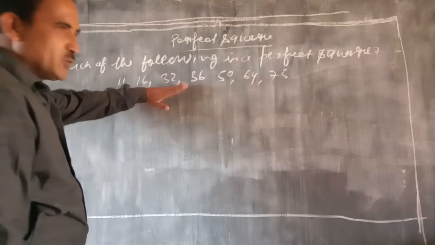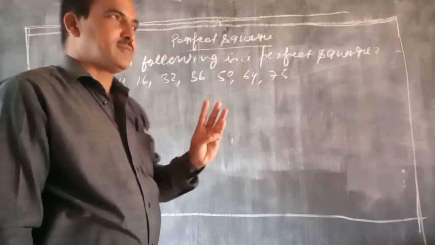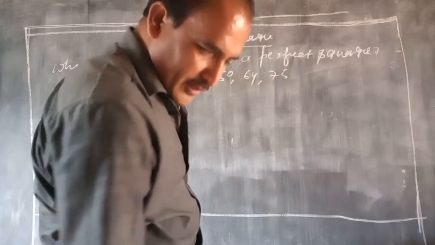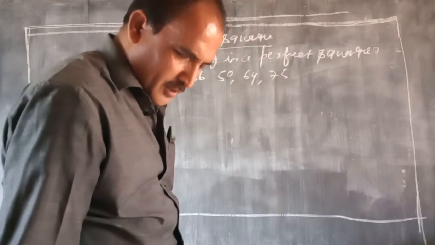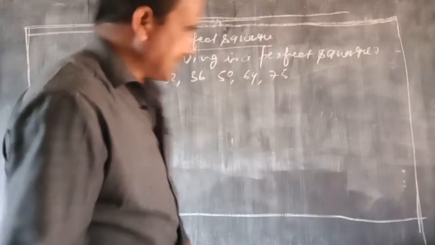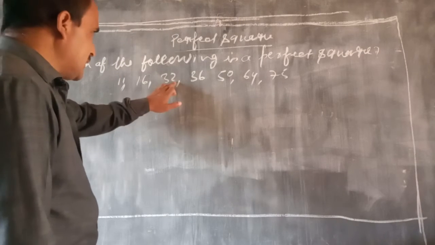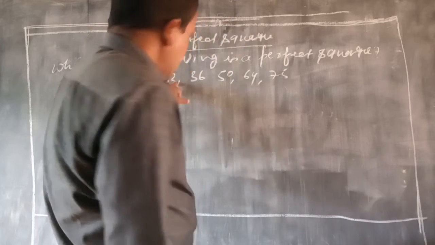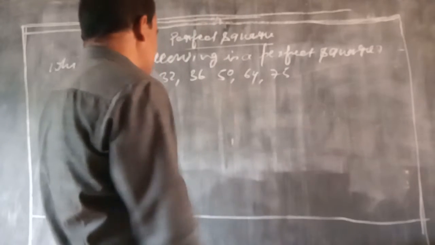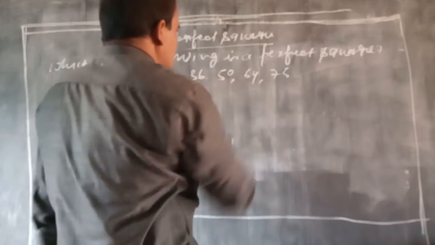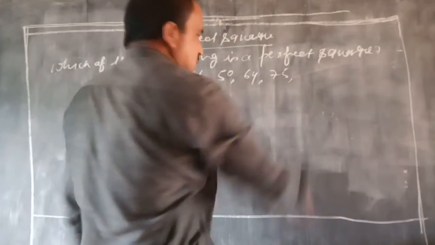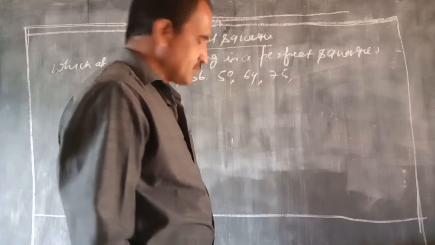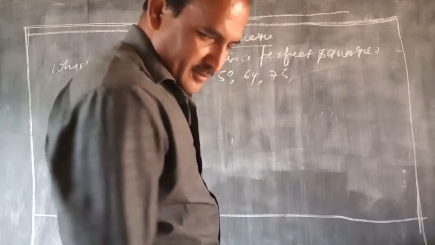So this one is not a perfect square, this one is not a perfect square, this one is a perfect square, and this one is not a perfect square.